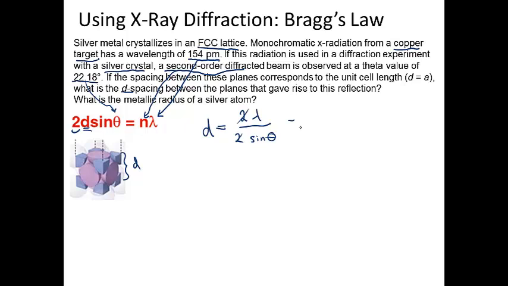With n equal to 2, the 2's will cancel, so we have our lambda value of 154 picometers, divided by the sine of 22.18 degrees.